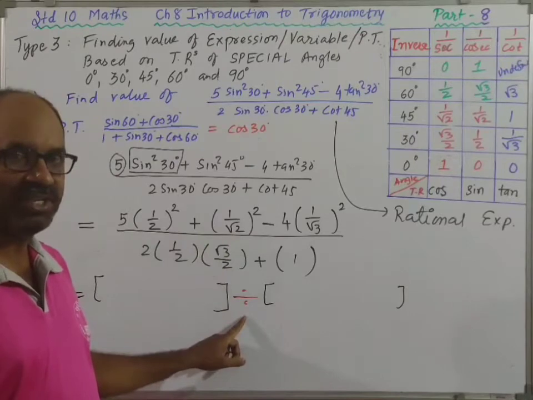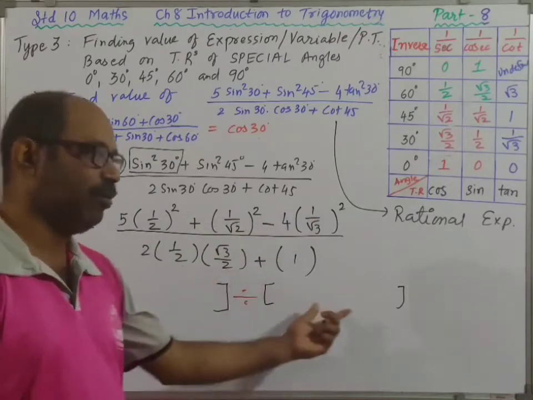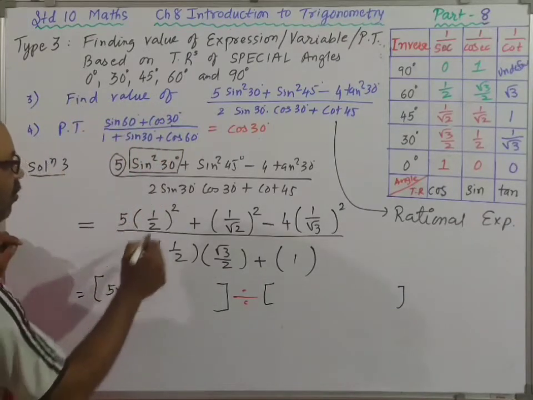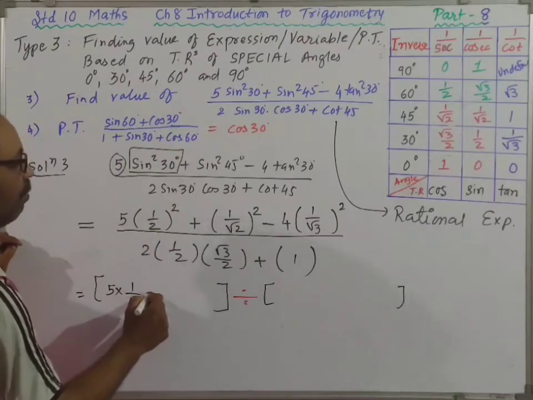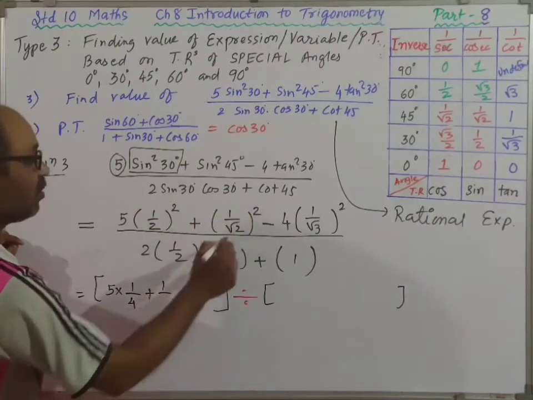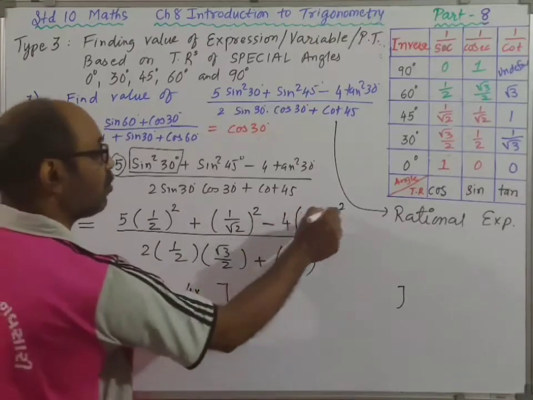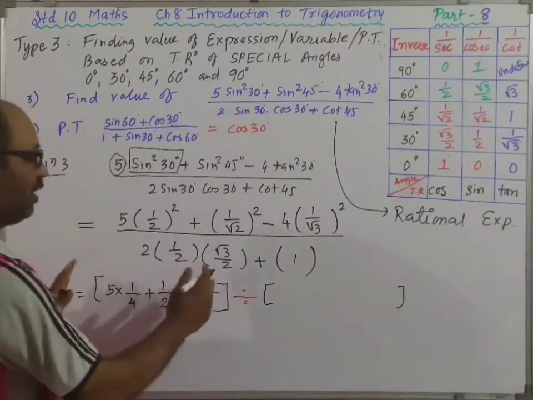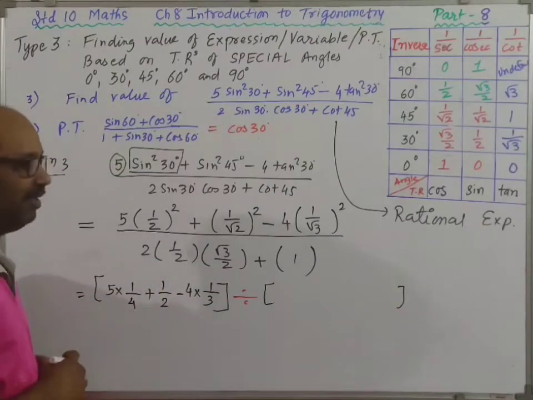Upon के लिए मैंने division sign किया, पूरा न्यूमरेटर एक ब्रैकेट में सेपरेट किया, पूरा डिनोमिनेटर दूसरी ब्रैकेट में सेपरेट किया. Okay, 5 into square of 1 is 1, square of 2 is 4, plus square of 1 is 1, square of root 2 is 2, minus 4 into square of 1 is 1 and square of root 3 is 3. Okay, ब्रैकेट अच्छी तरह साइज ठीक रही है.